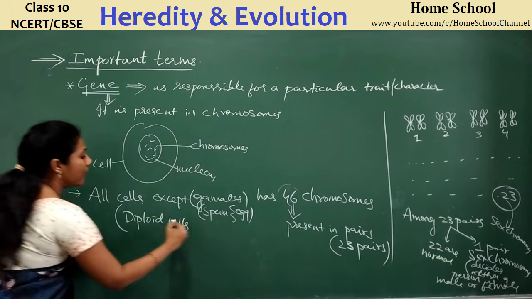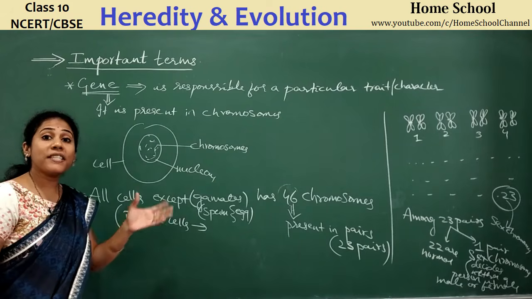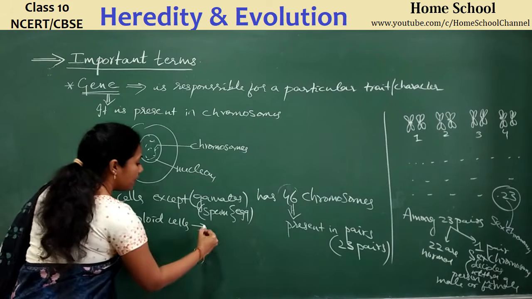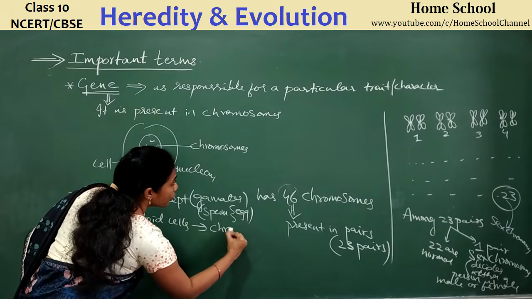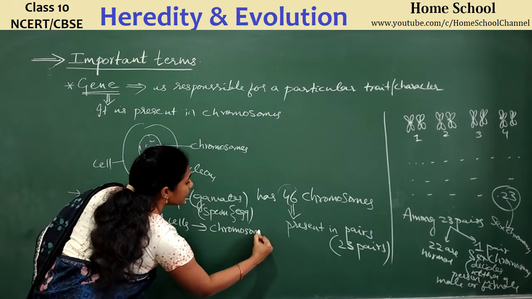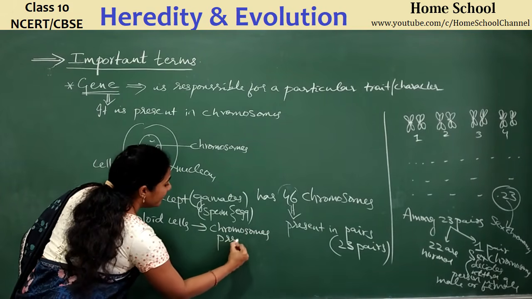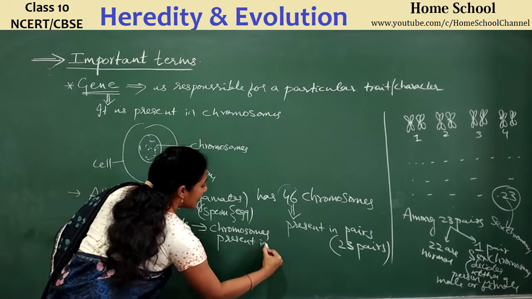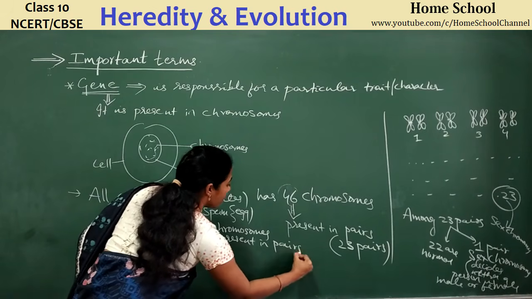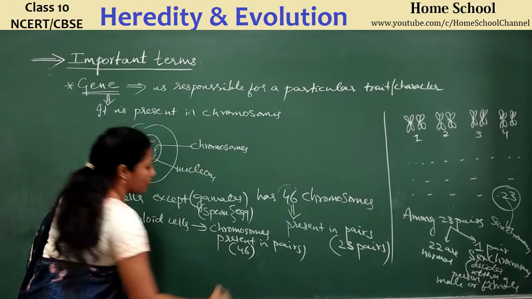Diploid cells, in the sense, chromosomes are present in pairs. That means you have 46 chromosomes.